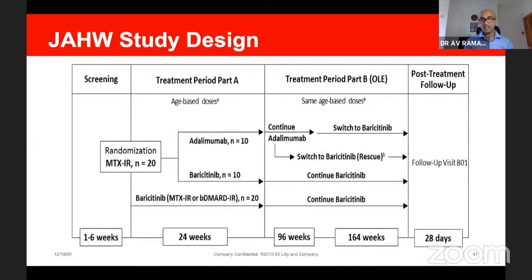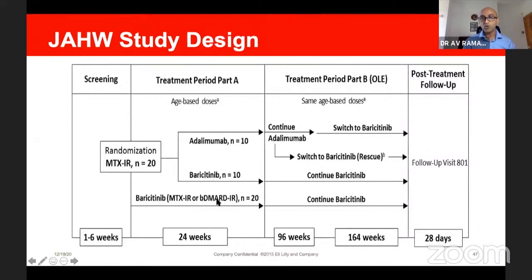So the trial we are running currently, we are halfway down this, is to take children who are methotrexate refractory with chronic anterior uveitis, either JIA or idiopathic, and we're going to do 10 of them. You will have a 1:1 randomization to either adalimumab or baricitinib.